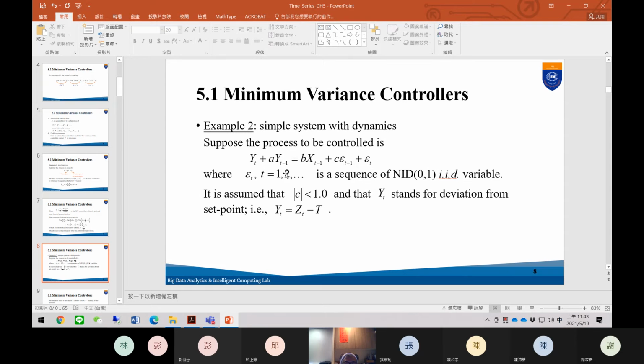Do you see my mouse moving? What is the part my mouse is indicating? AR, I think. Cool, that's AR. And B Xt minus 1, what is the part my mouse is indicating?